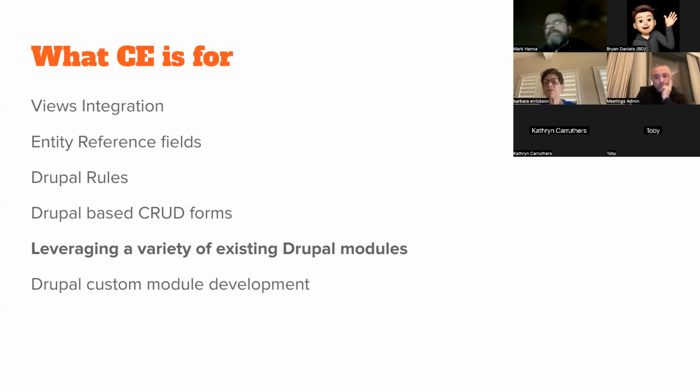I think that's the real power. There are hundreds of modules that can be leveraged with CiviCRM and CiviCRM Entity to build all kinds of custom functionality, and Drupal developers can do custom module and theme development the Drupal way. So that's the purpose.